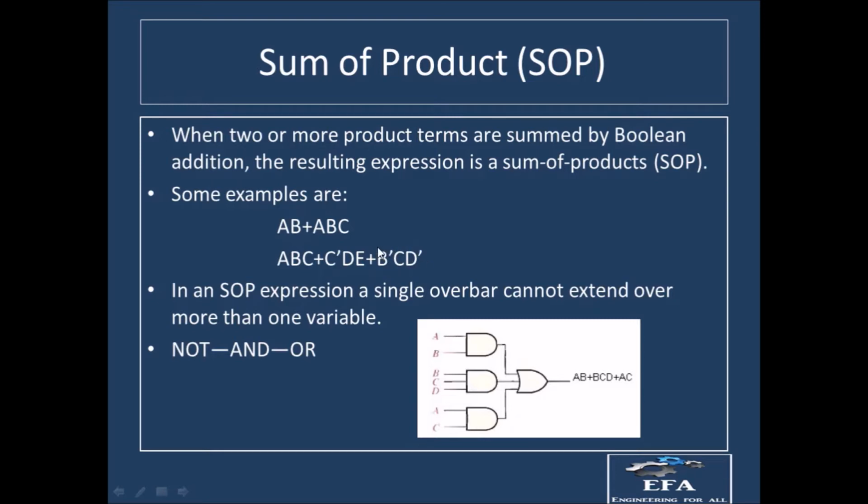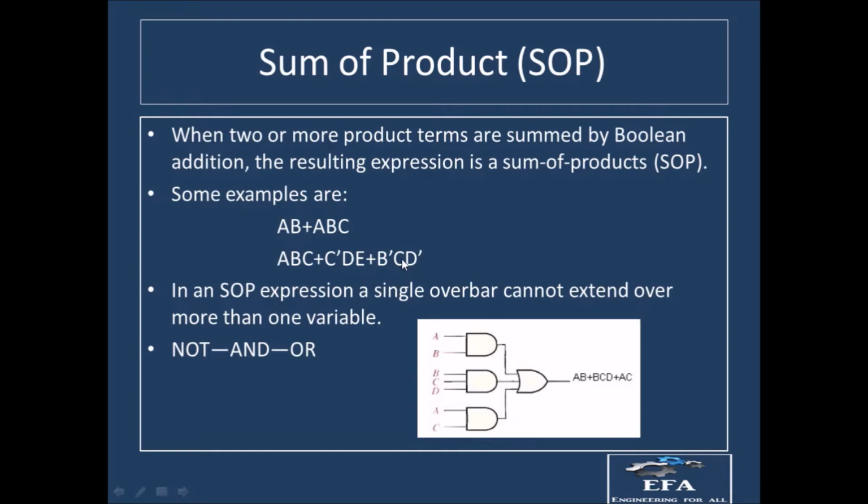So the complete ABC complement is not there, and CDE complement is not there. Expressions in which terms have complete complements do not come under SOP. Only those expressions in which the variables individually have complements, or have no complements on them, are SOP. This is one of the conditions of the SOP.